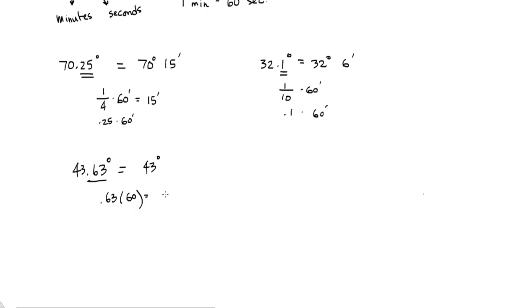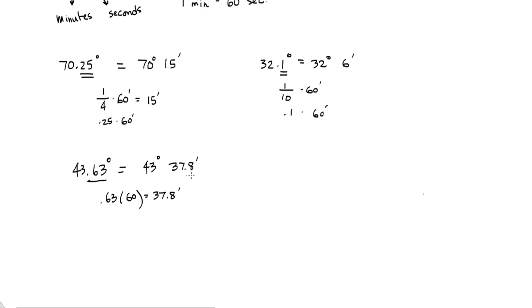And that's going to give me 37.8 minutes. So this is 43 degrees, 37.8 minutes. Now since we have a fraction of a minute, we could actually take that down to seconds, couldn't we?